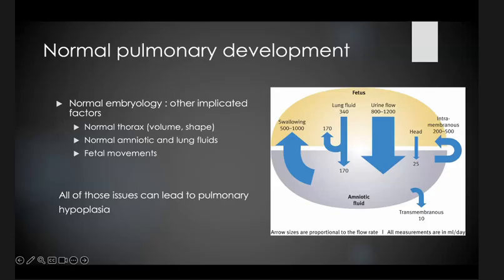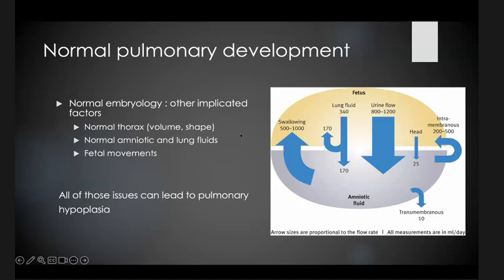So there are many things that can go wrong in that part. You have to have a normal thorax of the baby in volume and shape. So some skeletal dysplasias have a really, really small thorax, and the lungs of the baby cannot develop well. You also have to have normal amniotic and lung fluids.